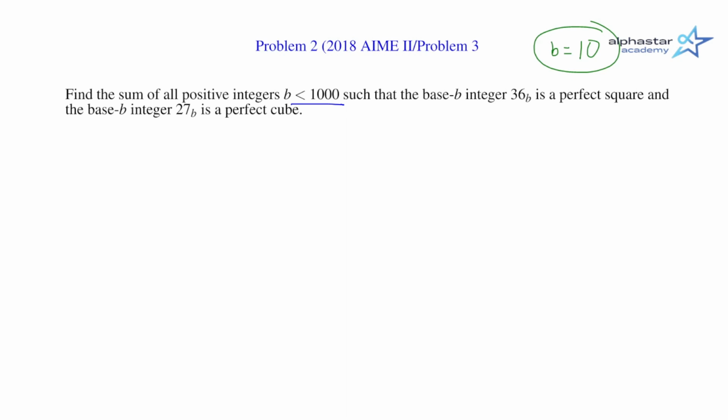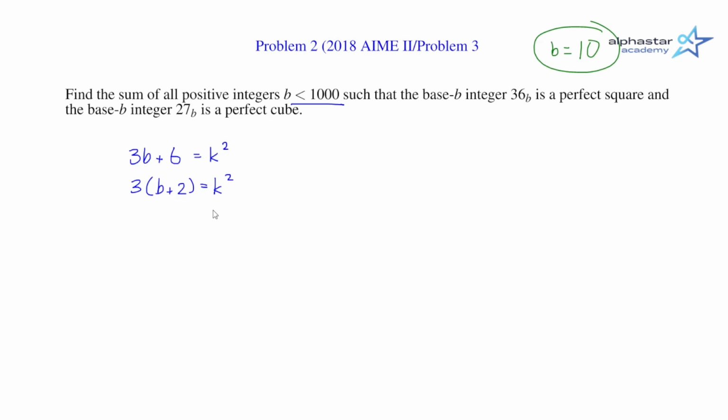So let's take a look. 36 in base b is just 3b plus 6, and we know that's a perfect square. Let's look at this equation first. 36 is, of course, 3 times (b plus 2), which is true in all bases, because those representations are not unique to base 10. So now we just have 3 times (b plus 2) equals k squared. Since k squared is a perfect square, k must be a multiple of 3.